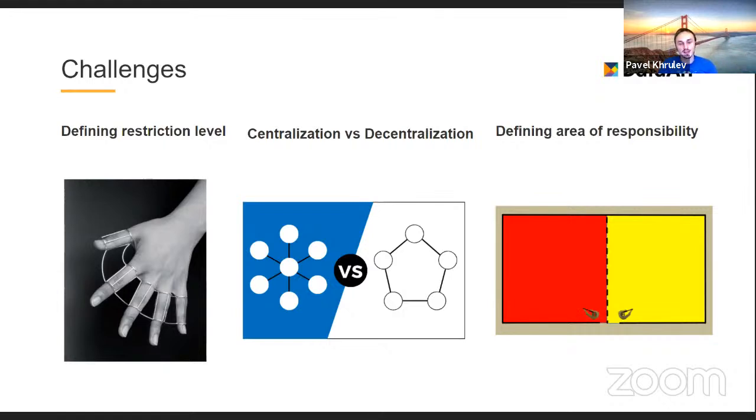Centralization versus decentralization. Centralization is good. You can manage all things in one place, and that's great. But that's also bad because probably some important things are all in one place. For example, you can centralize your DNS records, and all DNS records for all accounts will be in one account, and all other accounts will depend on these records.